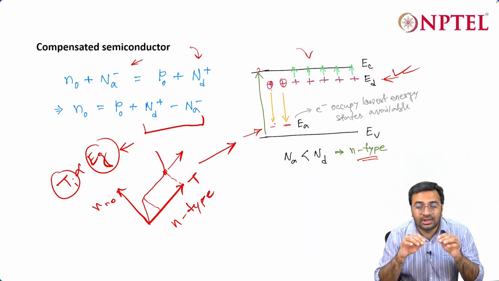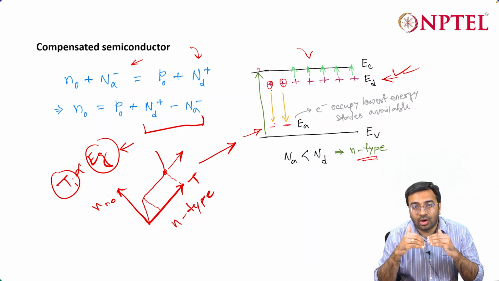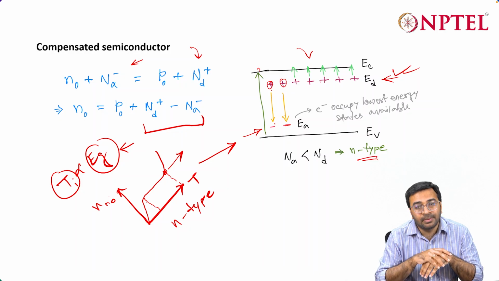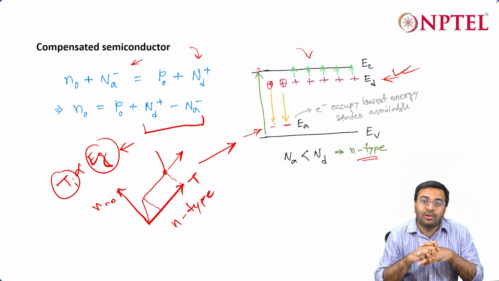When you dope the semiconductor with a certain material, we saw how the shift of the Fermi level takes place. At the end of this lecture, we have also seen what a compensated semiconductor is and why it is important.